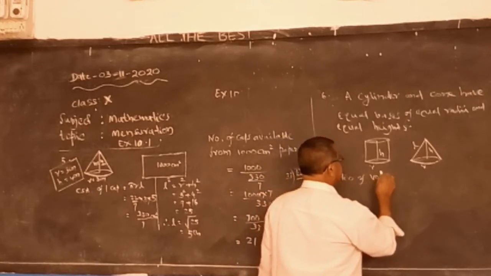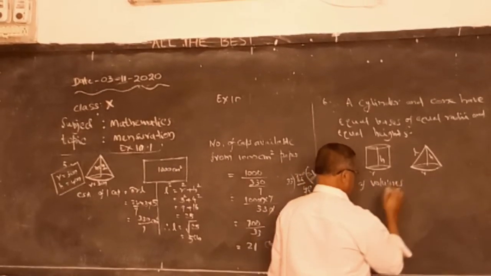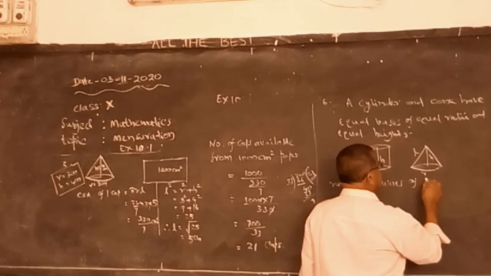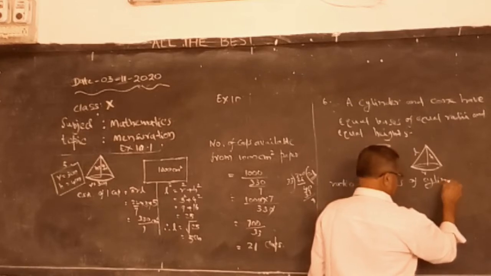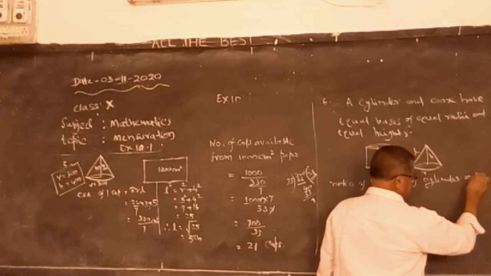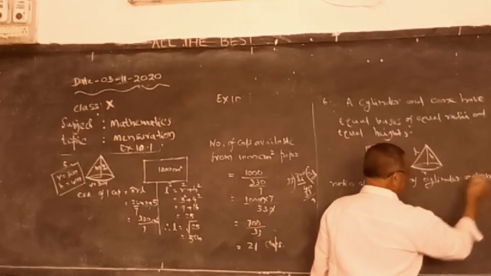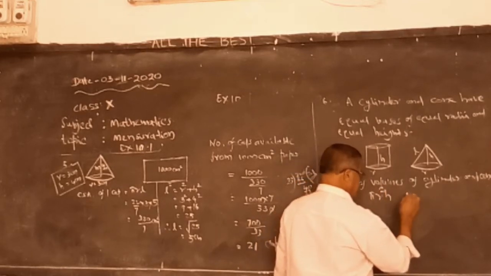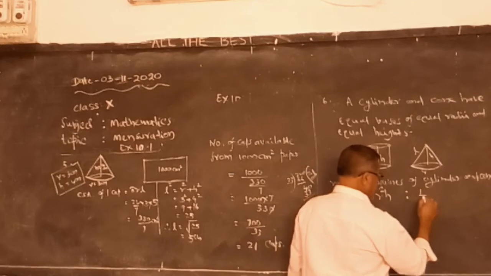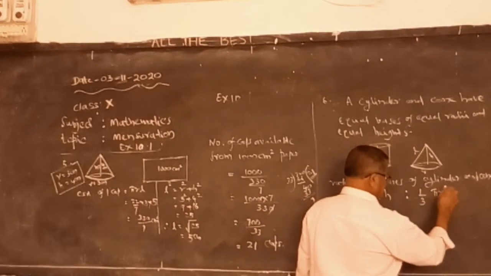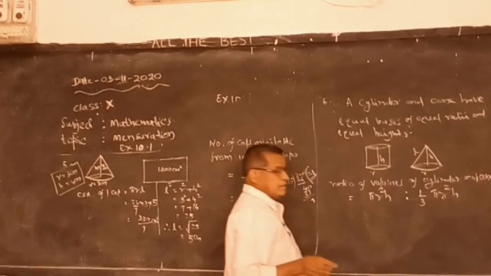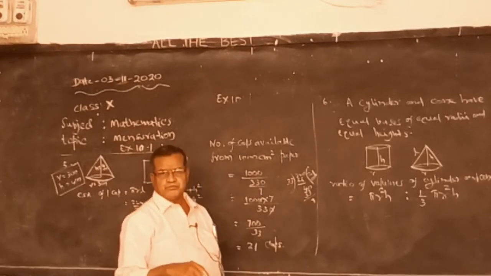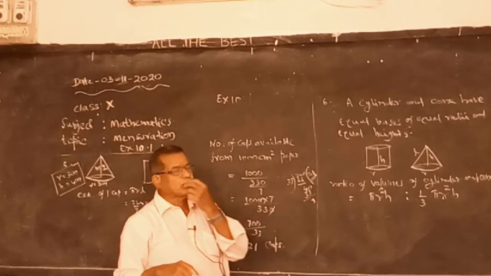Now the ratio of volumes of cylinder and cone is pi r square h to 1/3 pi r square h. In the problem given, both the radius and heights are equal.